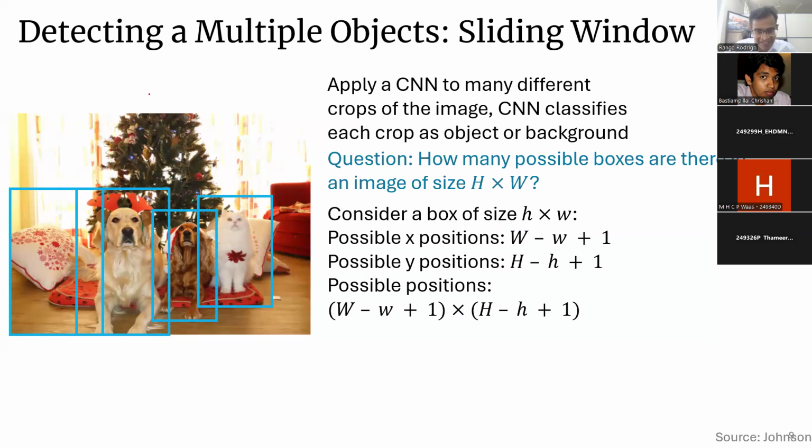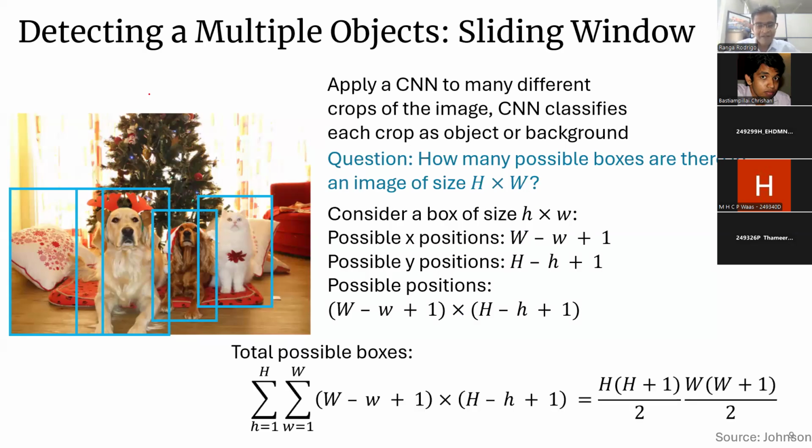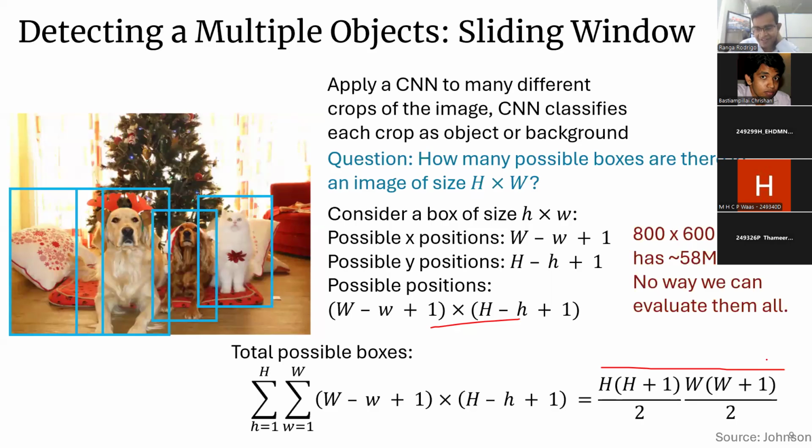And then possible boxes, because this w and h can go from 1 to W. So therefore, you have a massive number of boxes possible, this number, if you do this summation. So you can see this is not something that can be done.